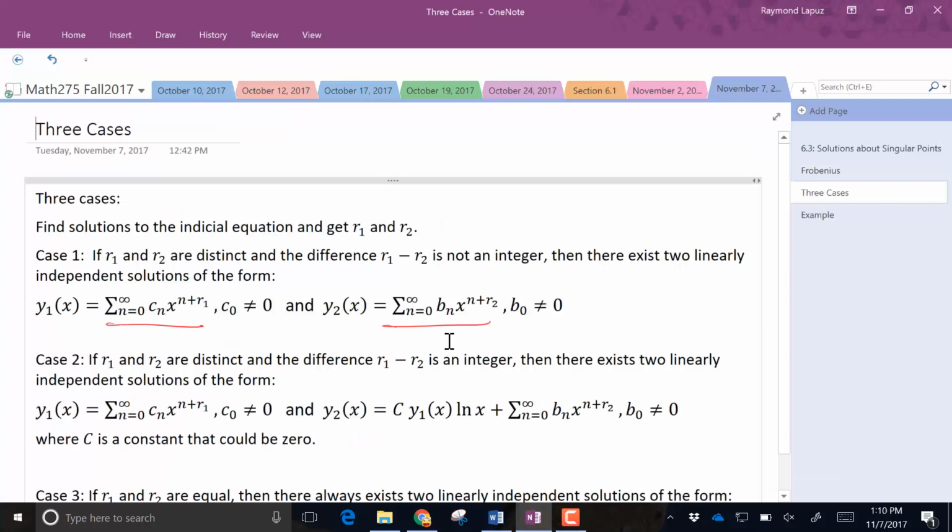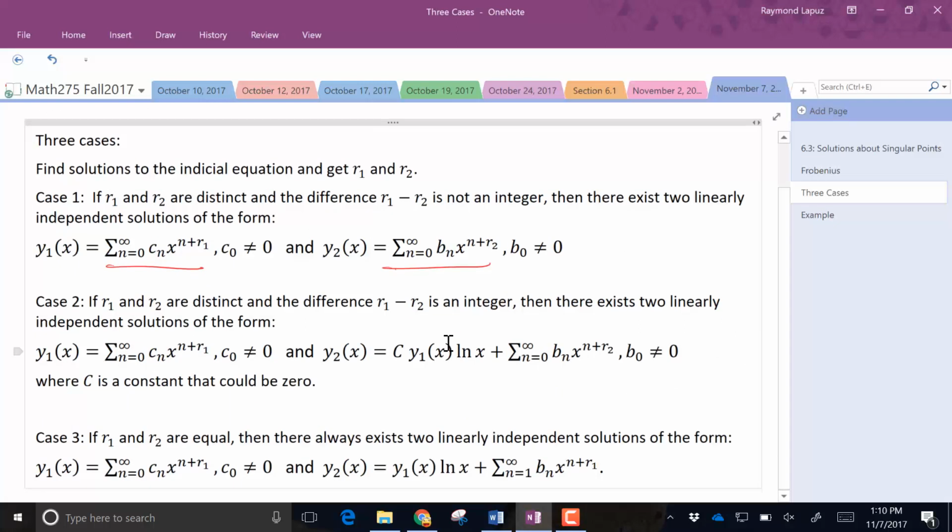All right, so back to the 3 cases. The first case is usually the easiest one to solve for and the easiest to express, and maybe I should find a problem that has that, because I think the problem that I have is a little bit more complicated. The second case is that you have distinct solutions again, but now you take the difference, and the difference is an integer.